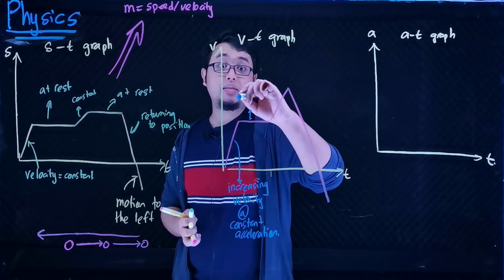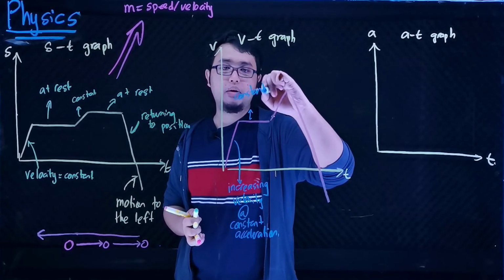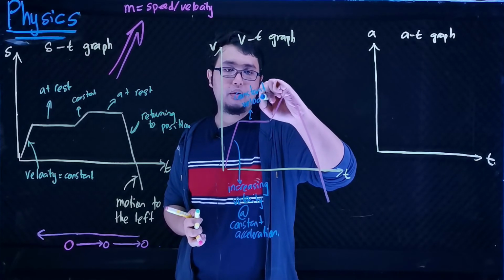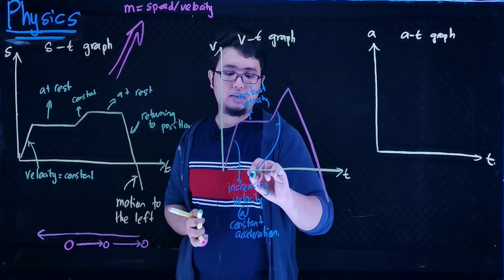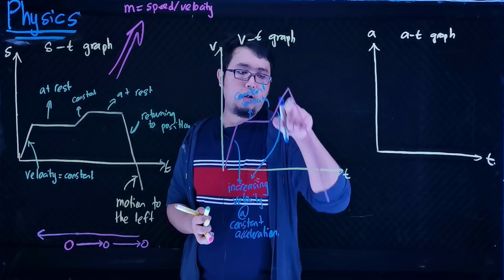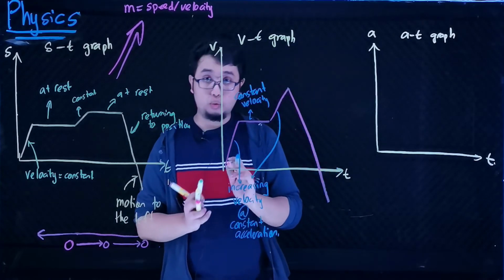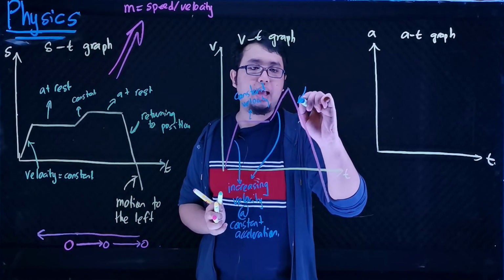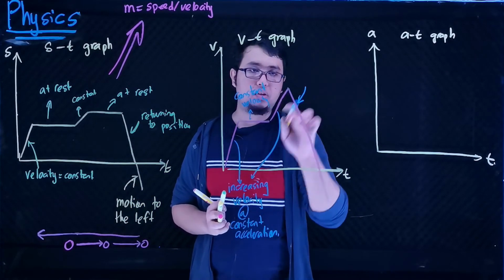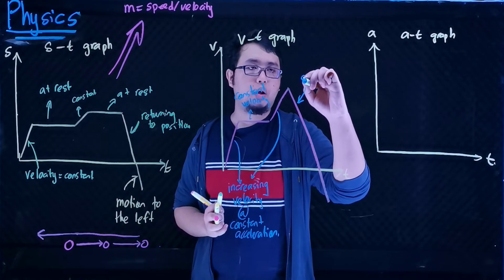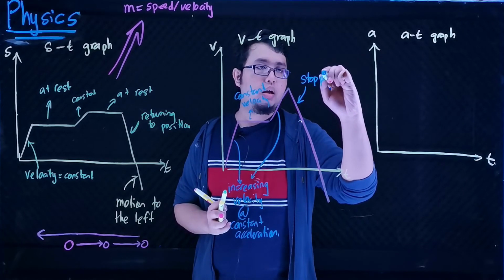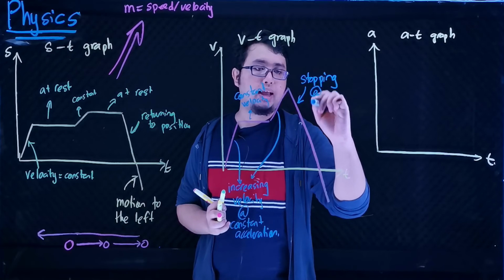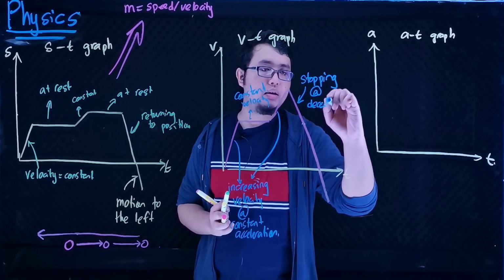Here is where constant velocity happens. Similarly, here is increasing velocity. Now, on this side, it can mean two things. The first one is either this object is slowing down, or we can say that it's undergoing deceleration.